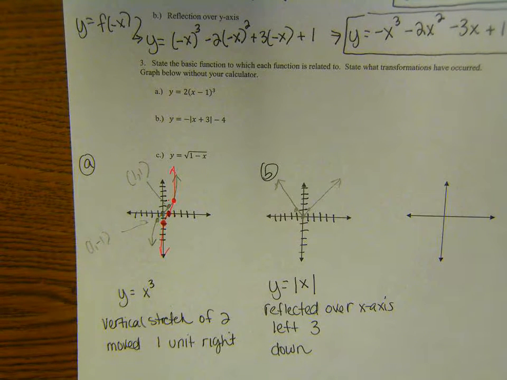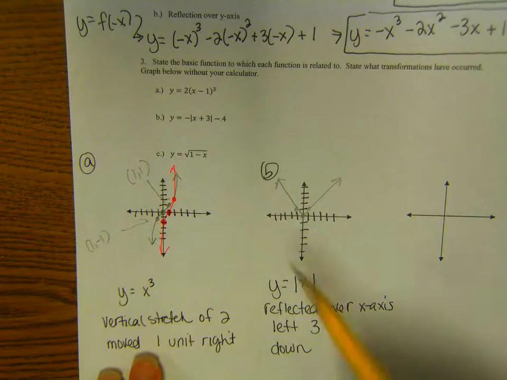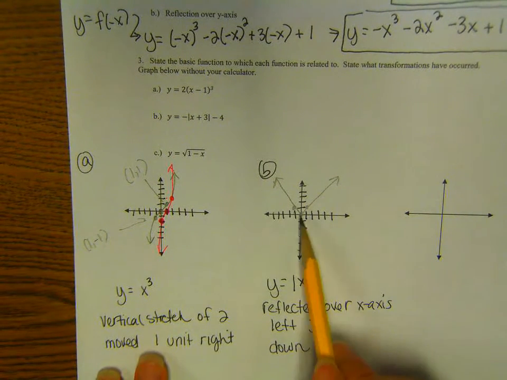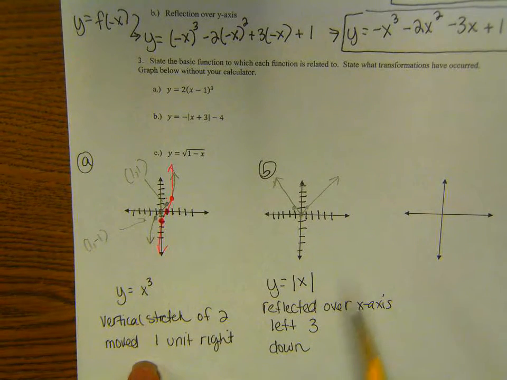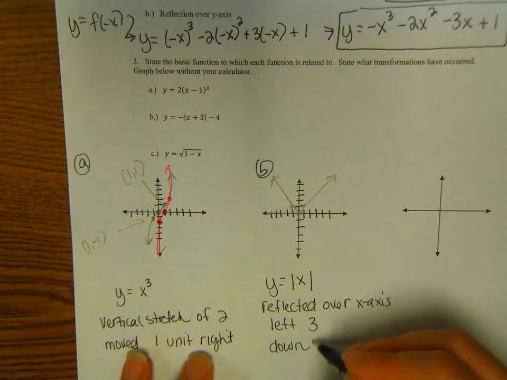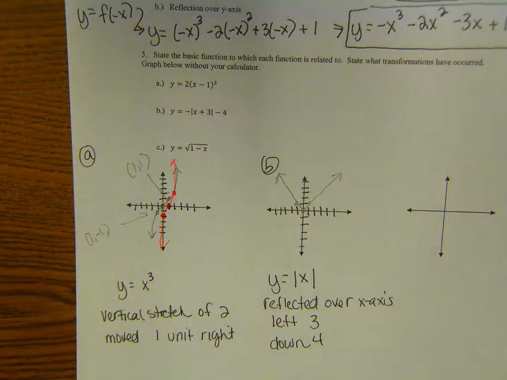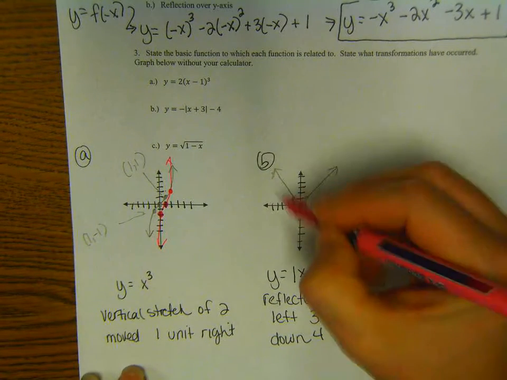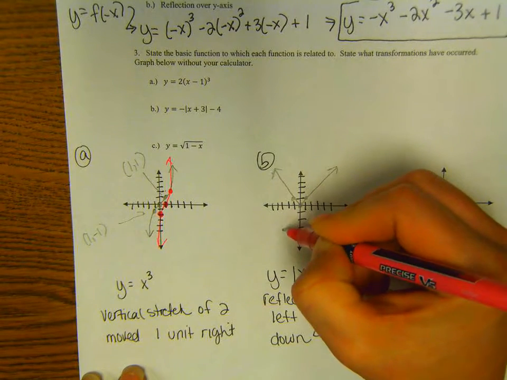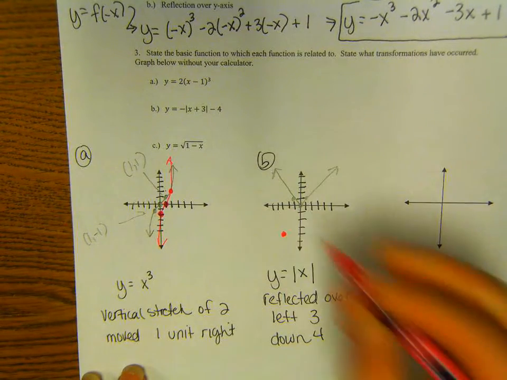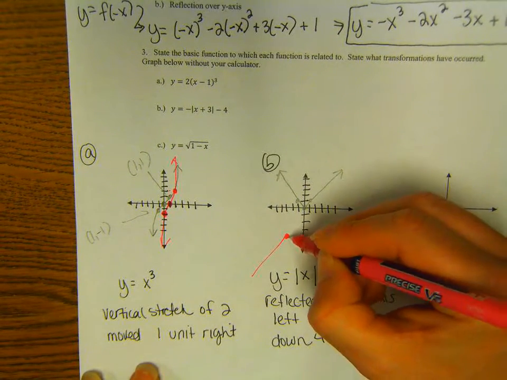Comfortable with that? Okay. So I am going to make the V go down. Let's move this vertex point, that's what we call that, left 3, down 4. So instead of at (0, 0), we'd be at (-3, -4), and then it's going to be going down.